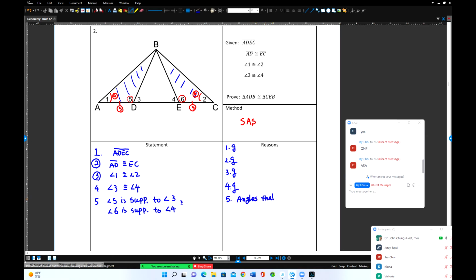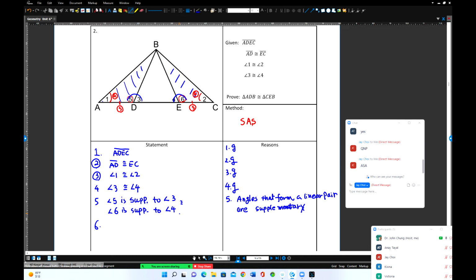Angles that form a linear pair, because that's a straight line, the angles are supplementary. Now 6, finally we can make a conclusion. Angle 3, angle 4 congruent.